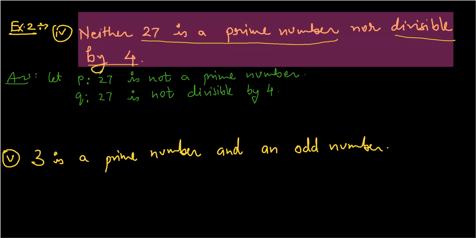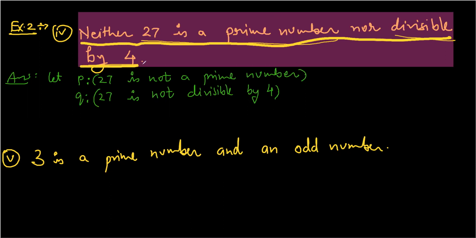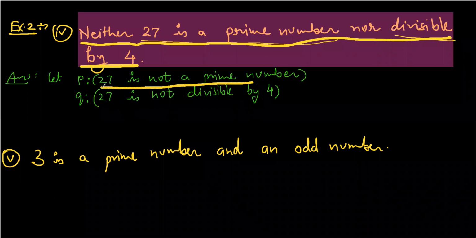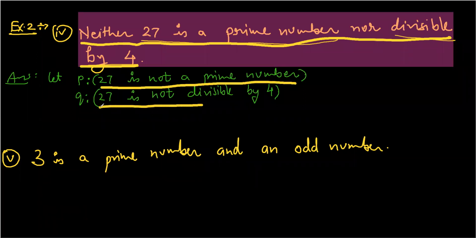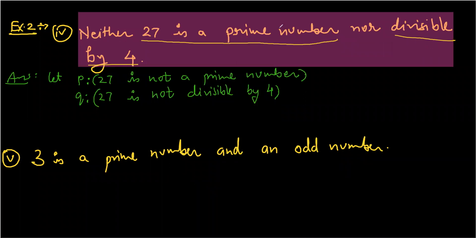Both will be equivalent. I repeat what I said: either you write the statement as given, neither 27 is a prime number nor divisible by 4, or you can write 27 is not a prime number and 27 is not divisible by 4. Both are equivalent.